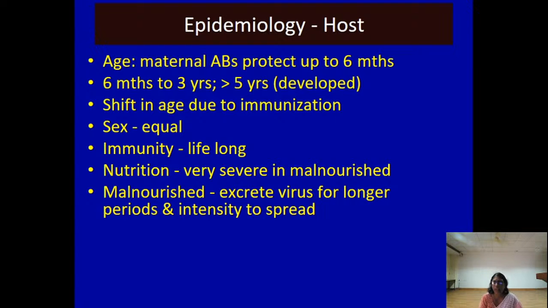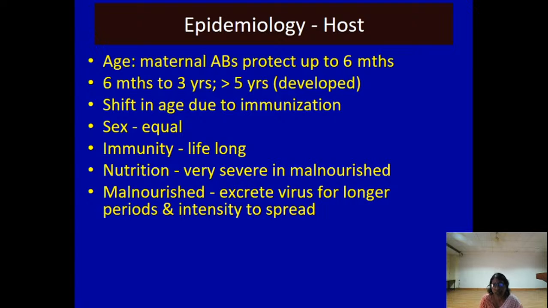Then, coming to gender, both males and females are equally affected. Once the child is affected with measles, the child gets immune and that immunity is lifelong. Please remember that. Okay.